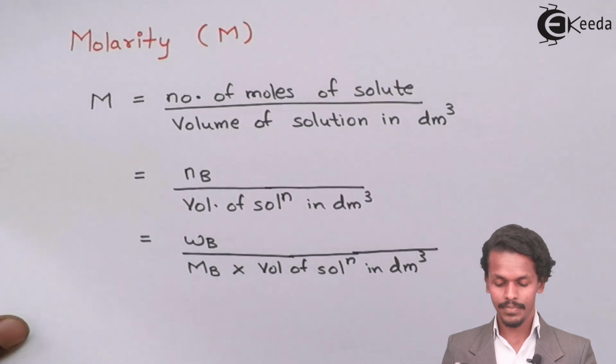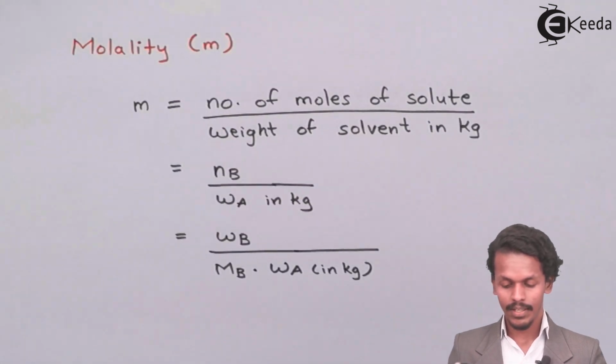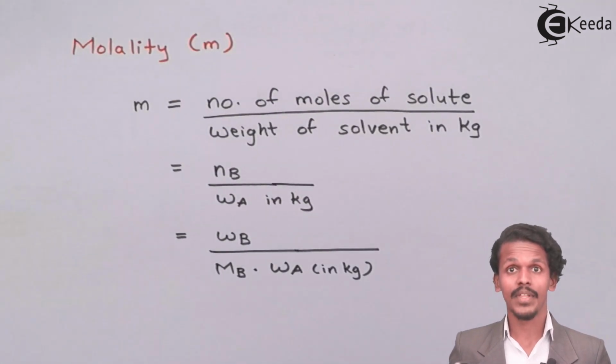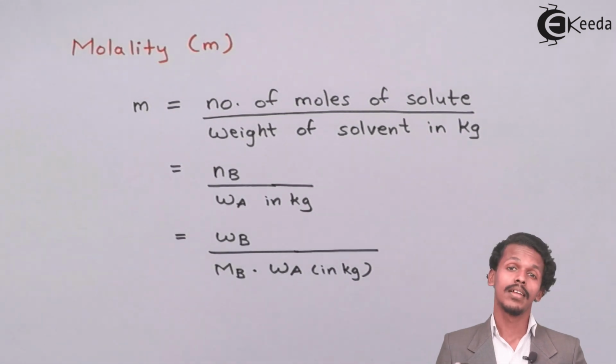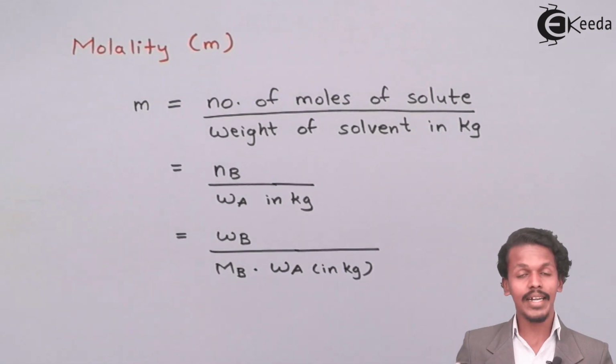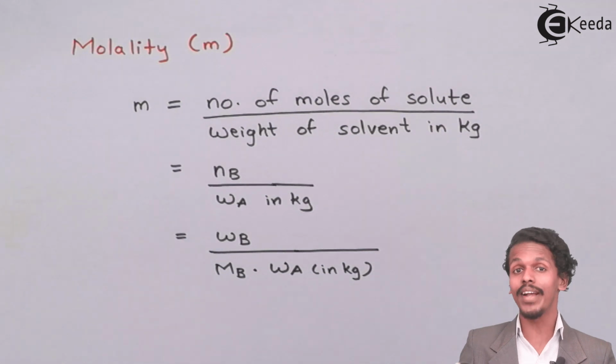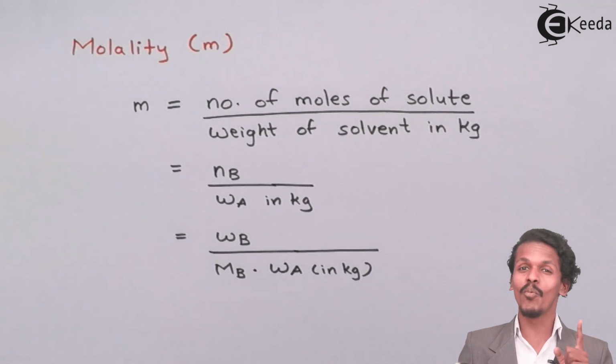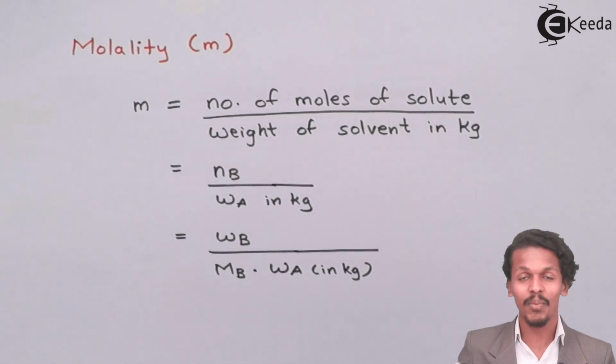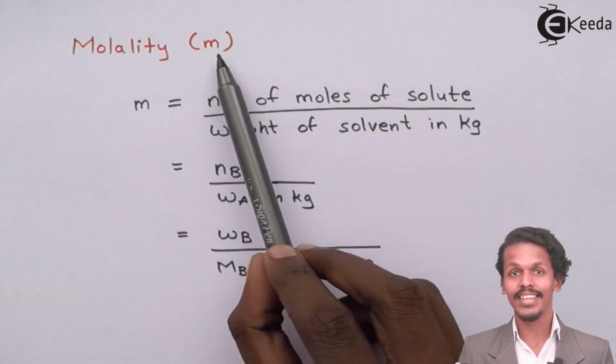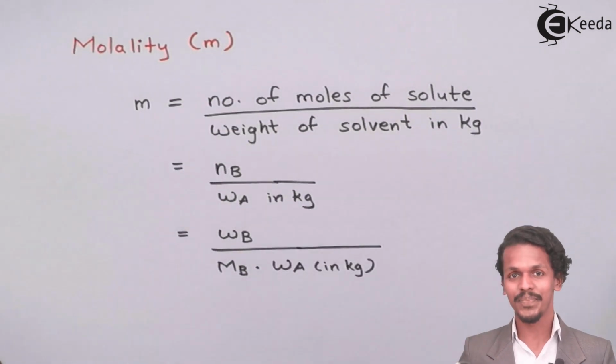Moving to the next one, this is molality. Molality means the number of moles of solute dissolved in the weight of solvent in kg. Molarity and molality both start with M, but molality has the symbol of small m.